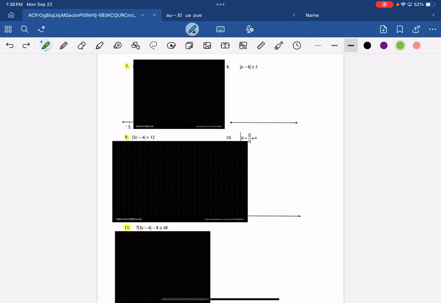Here's how I rewrite it. It's an and situation. Am I writing 2 separate inequalities or one big one? So make one big one.